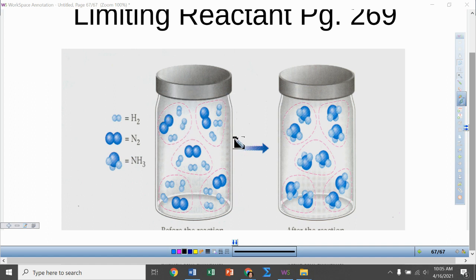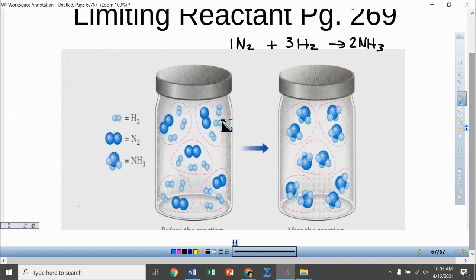And I'm going to show you a couple of pictures here. Notice here we have the small molecule for hydrogen, the larger molecule for nitrogen. And this is the Haber process making ammonia. So what we're going to take a look at is the fact that for every one nitrogen, I'm going to need 3 hydrogen molecules, and that's going to make 2 ammonia molecules when we have a balanced equation.